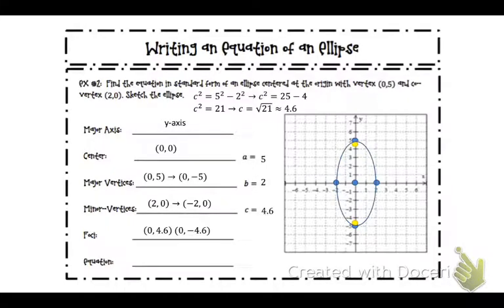And for this equation, it's going to be y squared over 5 squared, because y is our major axis, plus x squared over 2 squared equals 1, which is y squared over 25 plus x squared over 4 equals 1. And it is always equal to 1. If it's not equal to 1, you have to change the equation until it is equal to 1, and then you can go figure it out.